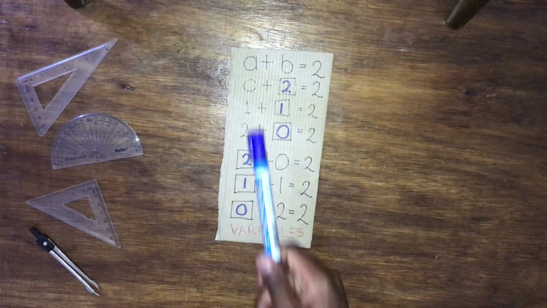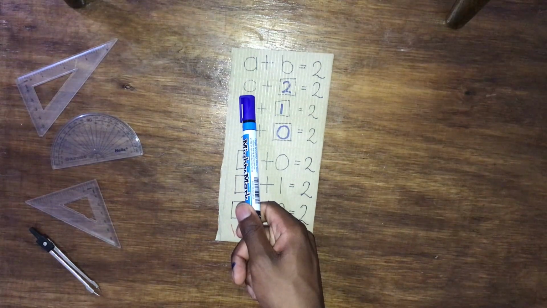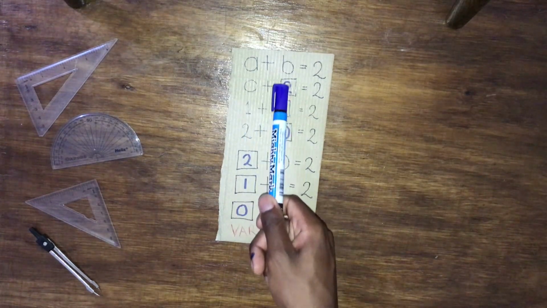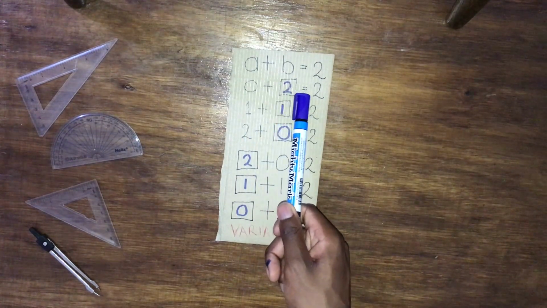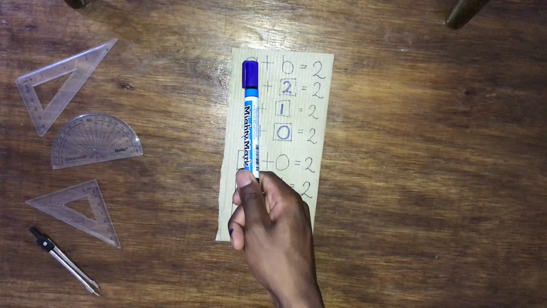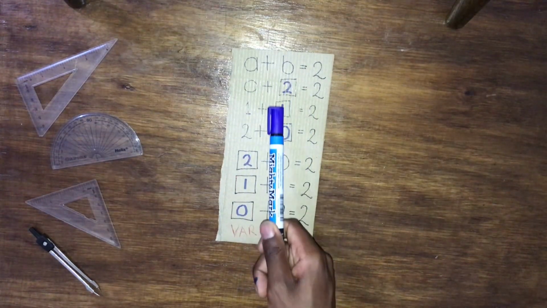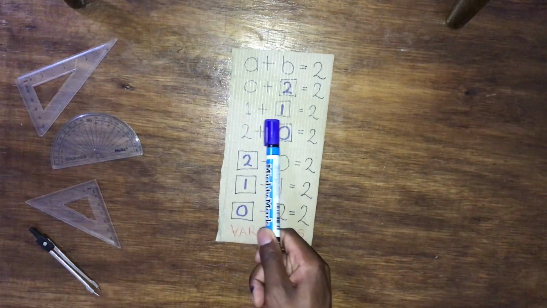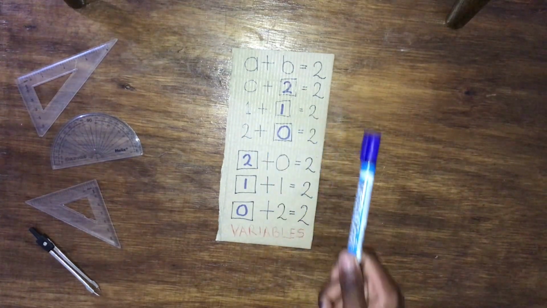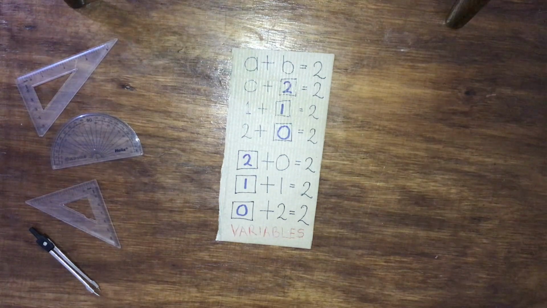So, when a is 0, automatically we know b must be 2 in order to give us the answer 2. When a is 1, we already know b must also be 1, so that their addition gives us 2, and so on. Feel free to pause the video and look at these in a bit more detail.